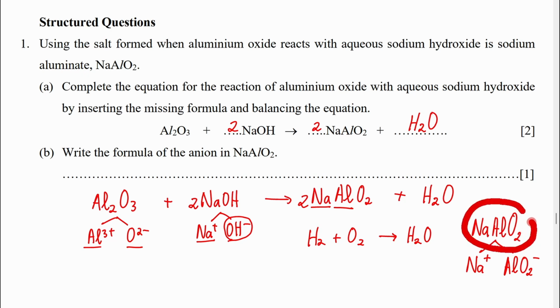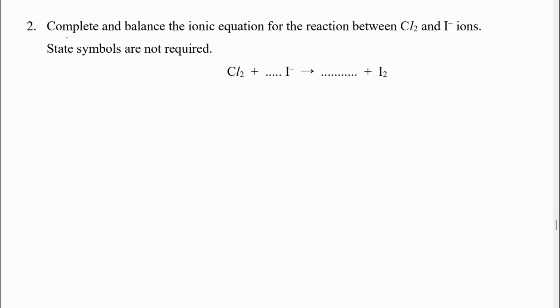Go back to this compound, okay? So again, what is anion? Anion, it is negative ion, right? While positive ion, this is what we call cation. So the negative ion in here is AlO2-.